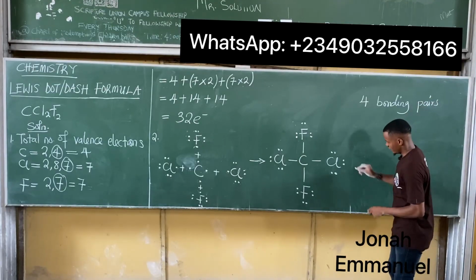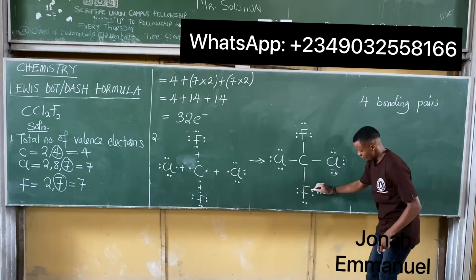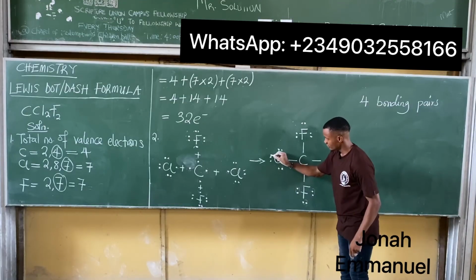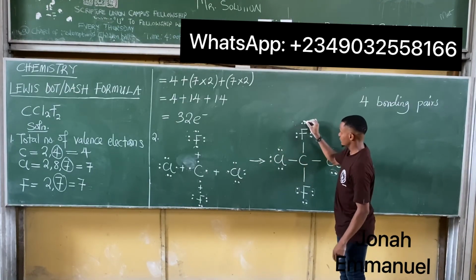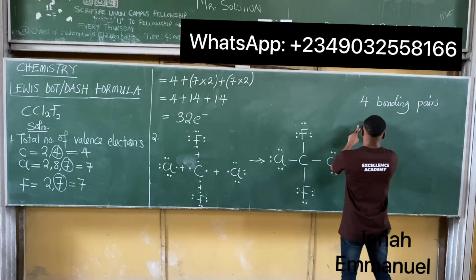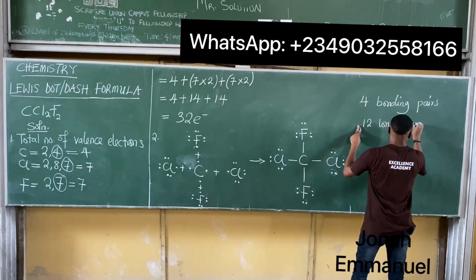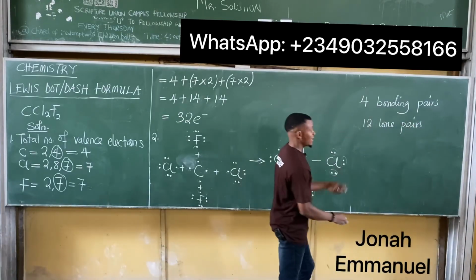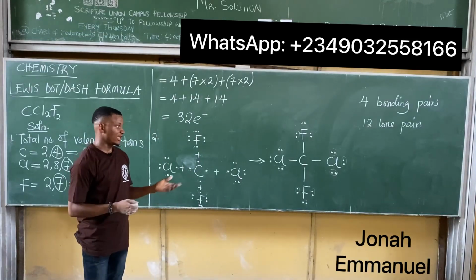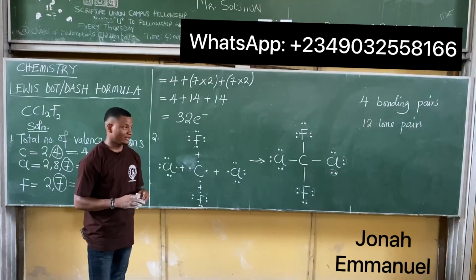How many lone pairs? 1, 2, 3, 4, 5, 6, 7, 8, 9, 10, 11, 12. We have 12 lone pairs. Alright, so this is how we write the basic type of Lewis structure for different formulas and molecules.